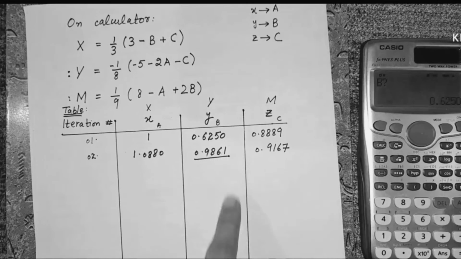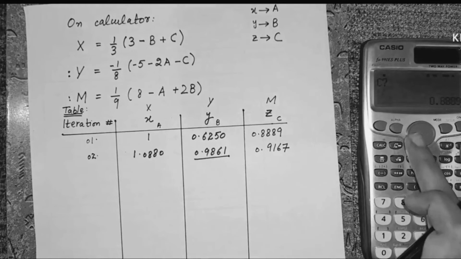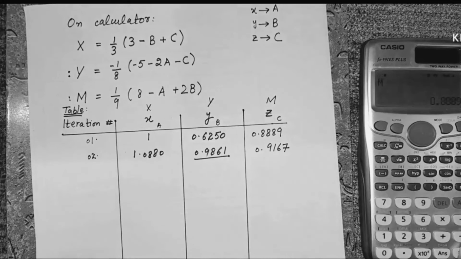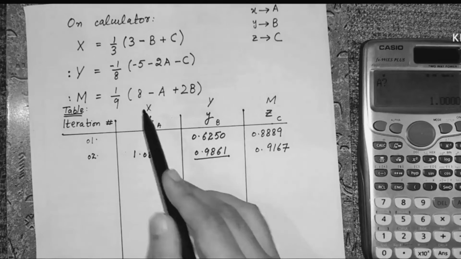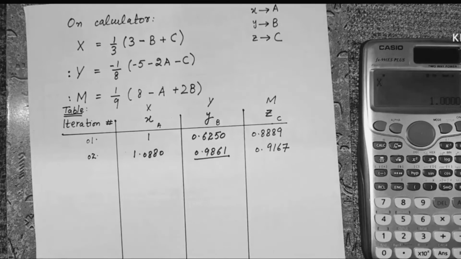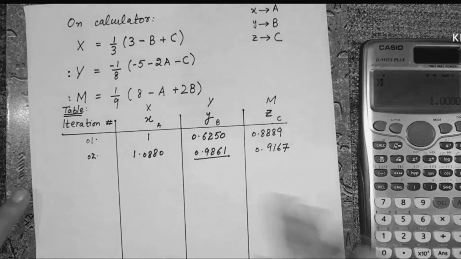We know that the value of b is saved in capital Y, alpha y. Press equal to. The value of c is in the previous one, m, alpha m. The value of a is in the last x, which is alpha x.